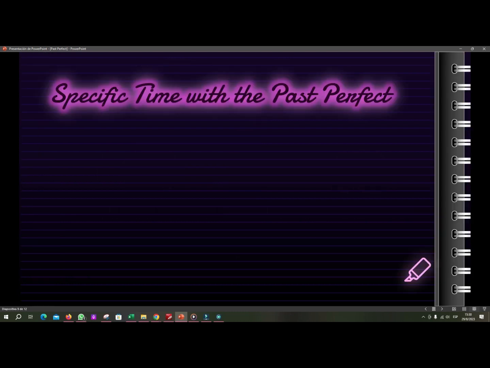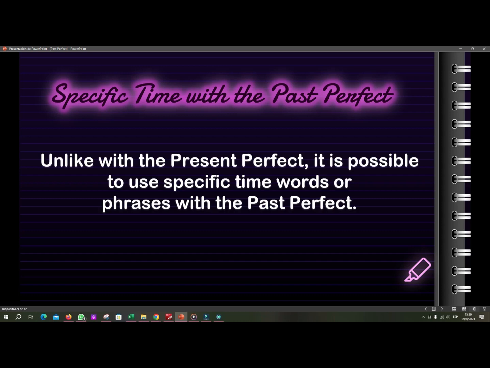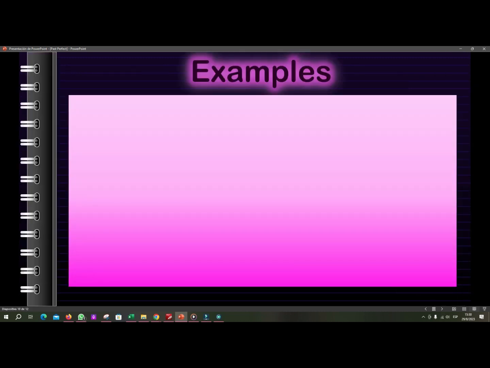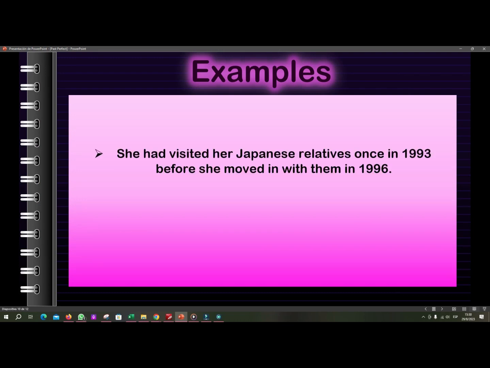Also, specific time with the past perfect. Unlike with the present perfect, it is possible to use specific time words or phrases with the past perfect. So also there, you have something that started in the past and continued until another action in the past, right? So we can use phrases with the past perfect as we do with the other tenses.